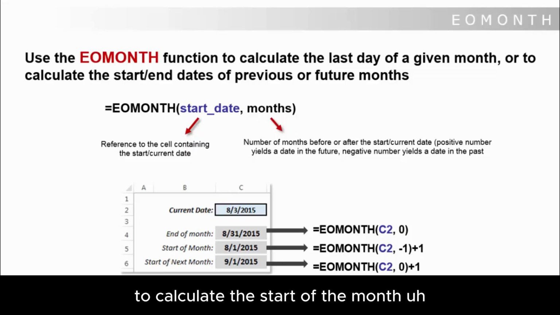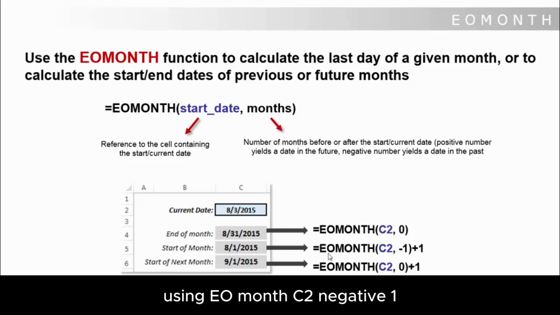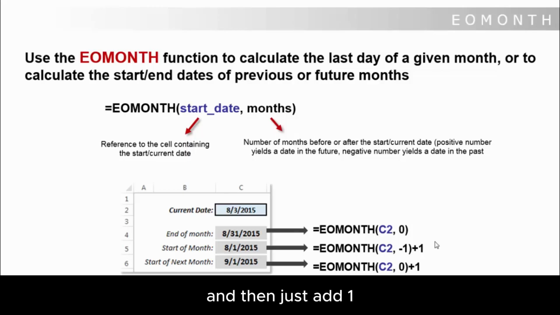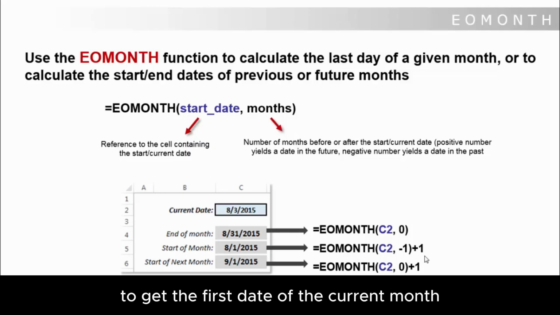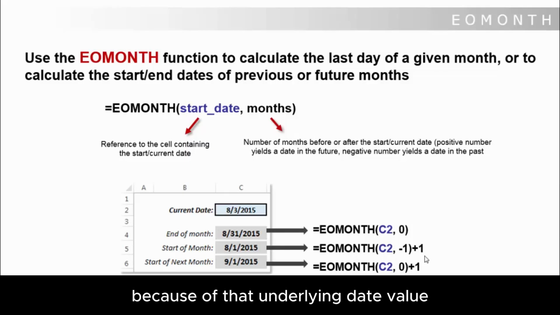To calculate the start of the month, you have to get a little bit clever, but you can use the EOMONTH function to do that. So, for instance, the start of the current month could be calculated using EOMONTH C2, -1, which gives me the last date in the previous month, and then just add 1 to get the first date of the current month. So remember that dates really are just values because of that underlying date value.